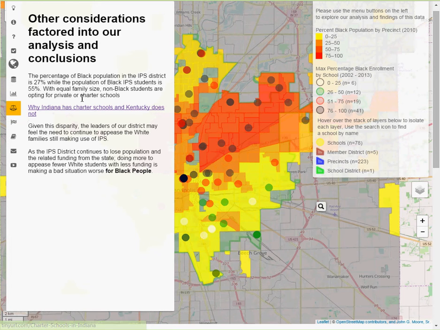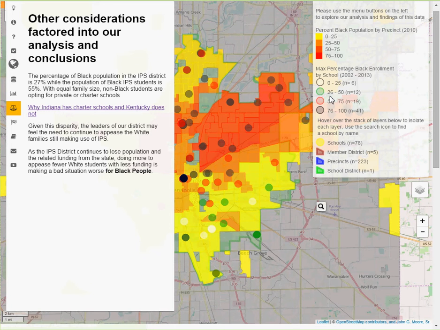So the whole point of this section is other considerations factored into our analysis and conclusions. At the top I mentioned that the percentage of black population in the IPS school district population is 27%. The population of students is 55%.